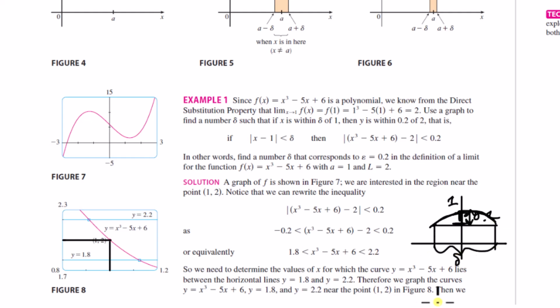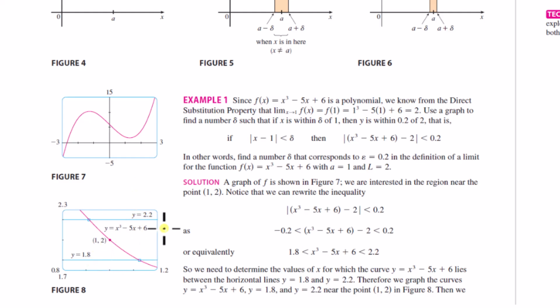You say, okay, so looking at the function in this region here, it's clear that we can plot the horizontal lines corresponding to the outputs of 1.8 and 2.2, and that's what they do.